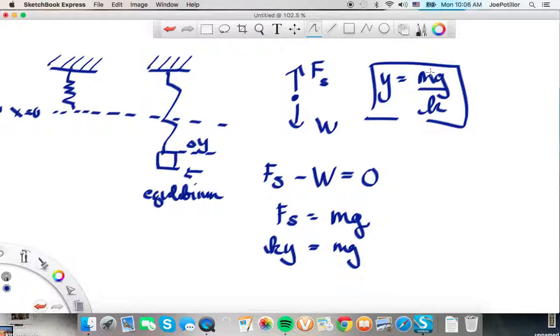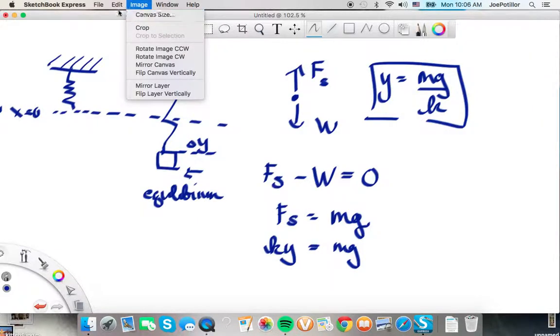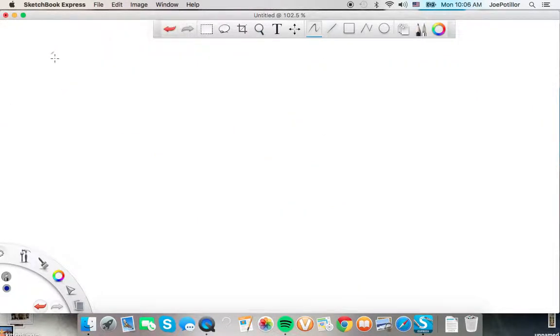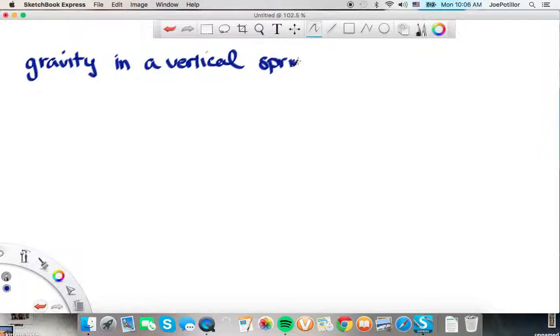Let's write it down. It's very important for you to remember. Gravity in a vertical spring helps us to find the point of equilibrium.